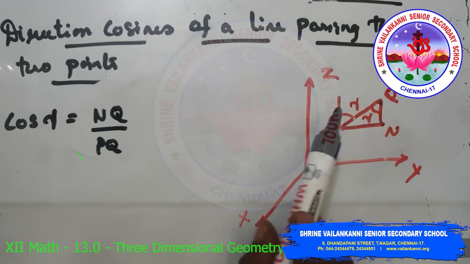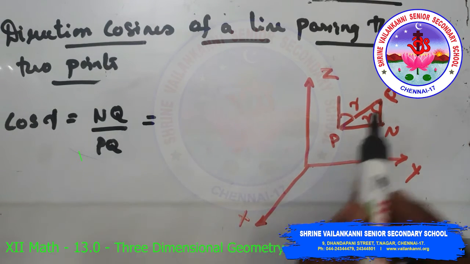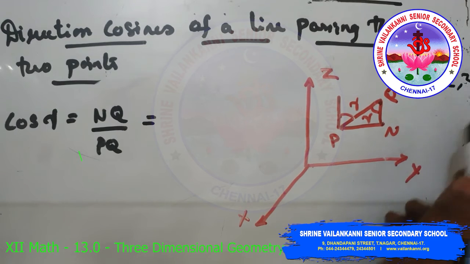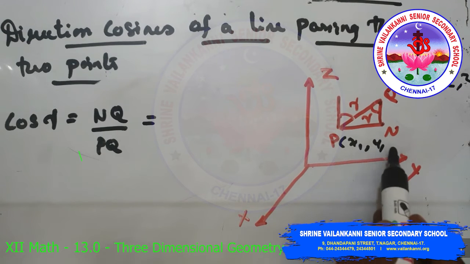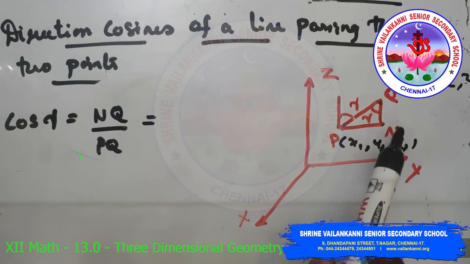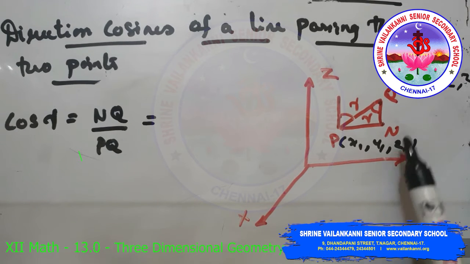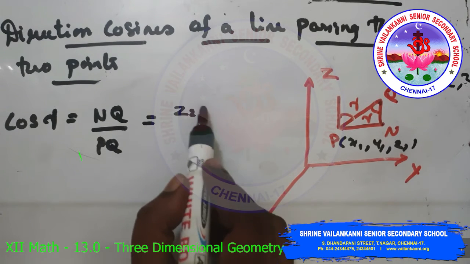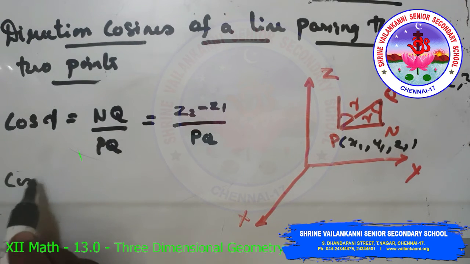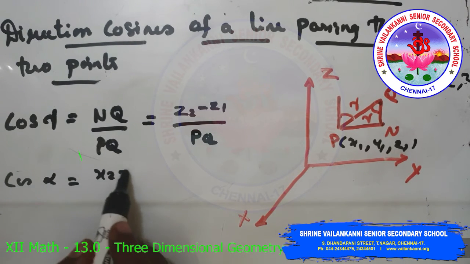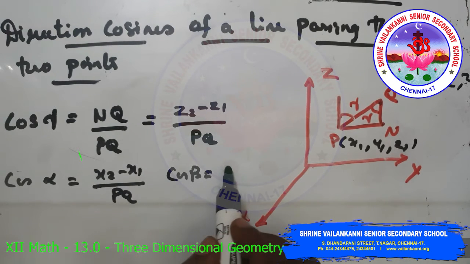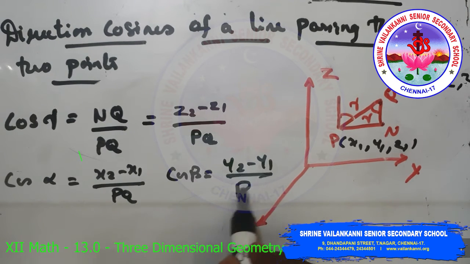So adjacent by hypotenuse, where Q's points are x2, y2 and z2 and P is x1, y1 and z1. So NQ is z2 minus z1, whole by PQ, and cos alpha is (x2 minus x1) by PQ, and cos beta is (y2 minus y1) by PQ.